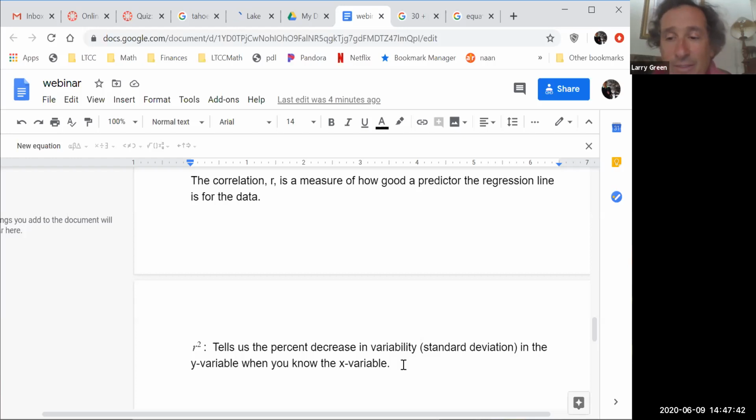So if knowing the age has nothing to do with the person's height, then you're going to have an R squared of 0. Do you see that? On the other hand, if knowing the age has a lot to do with knowing the height, then you're going to have a much higher R squared, like 0.7 or 0.8. Okay? It's not going to be 1 because knowing the age is not an absolute determination of the height, but it certainly helps in the elementary school. Any questions on that idea?